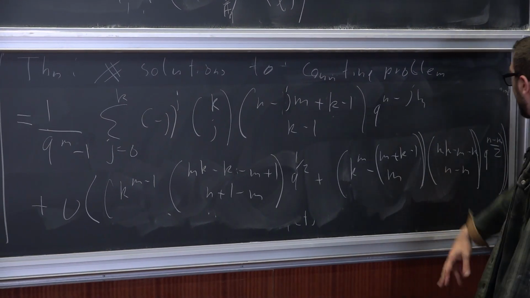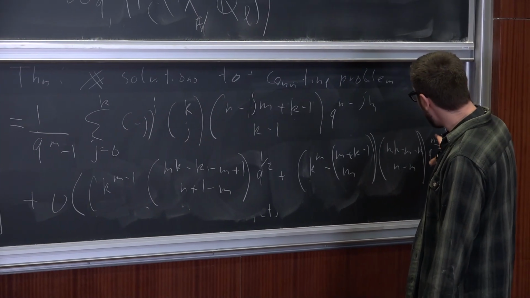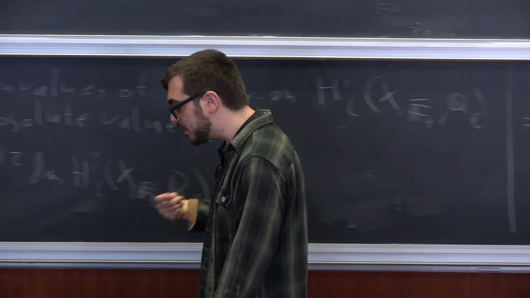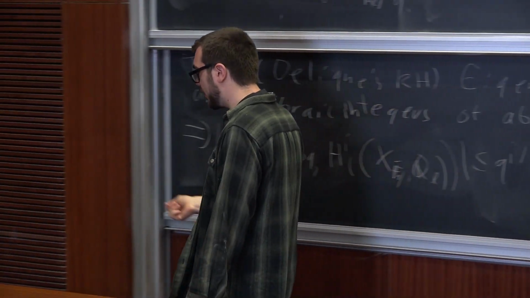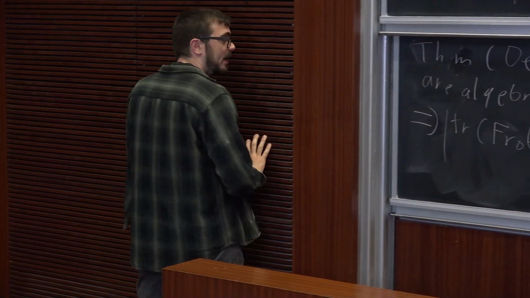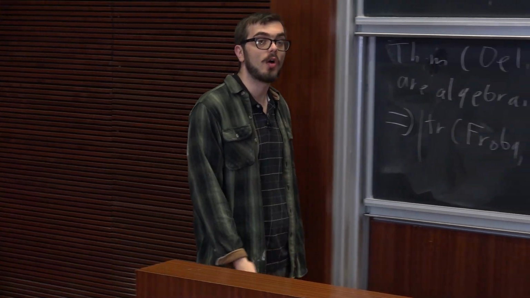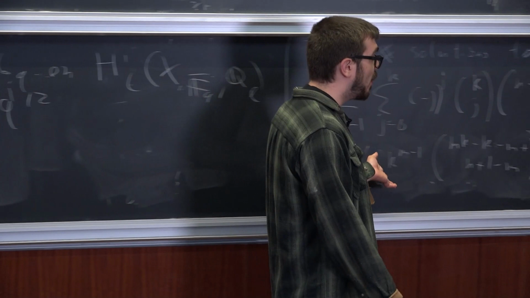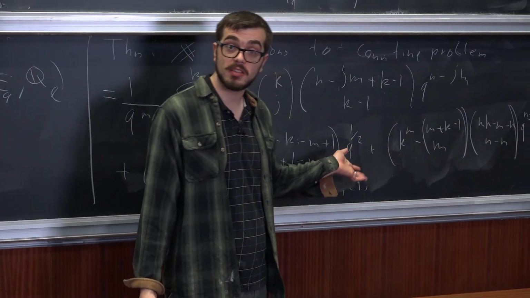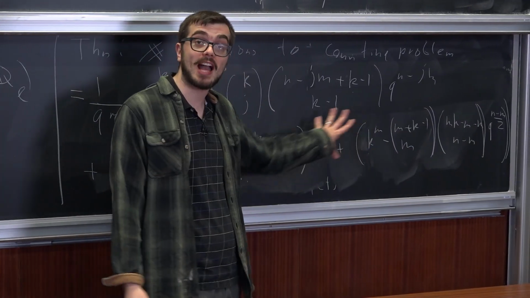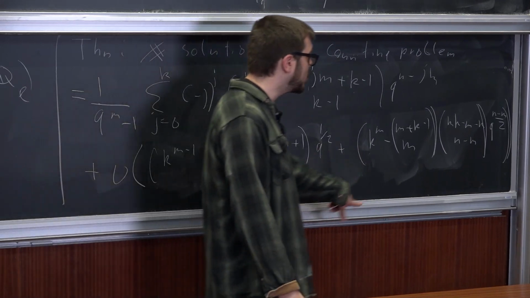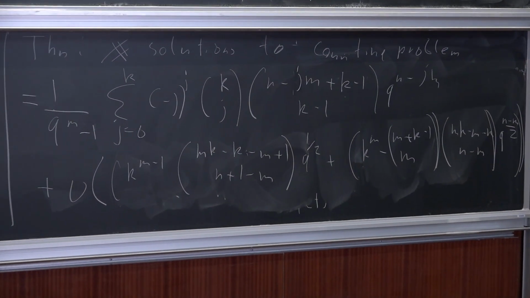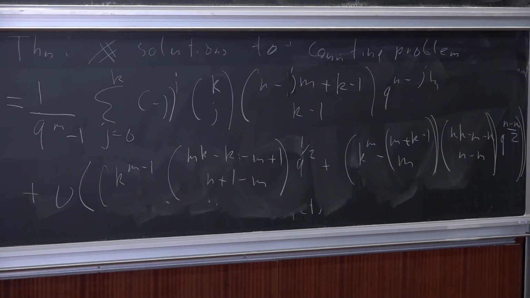The important thing about the error term is that there's this q to the n minus m over 2 here, so the error term is of the square root size of the main term. It is what we would get if it was totally random, times these funky factors with binomial coefficients. These grow exponentially in m, but if q is large, they grow exponentially in m slower than q to the n minus m over 2. There will be a lesser contribution.